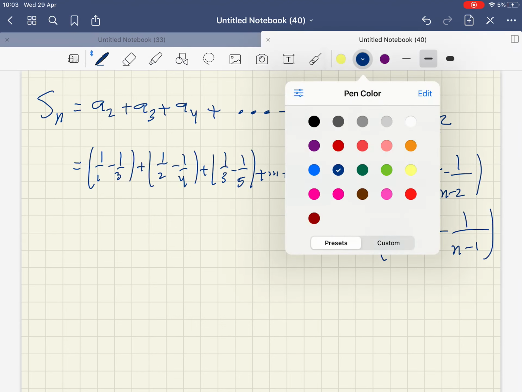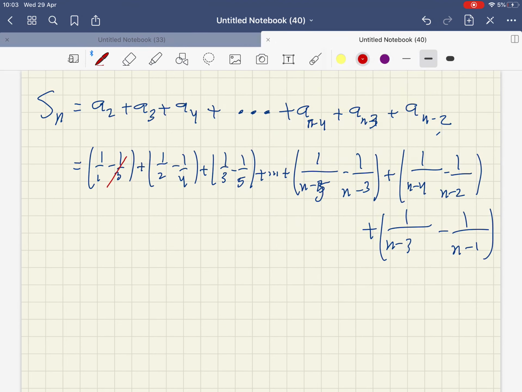Now let's see who will survive. As we said, the second term will get cancelled with the first term of the next one. So 1 over 4 will get cancelled with something here. This one will get cancelled with this one. And now this will get cancelled with something there. Also, this will get cancelled with something here for sure.